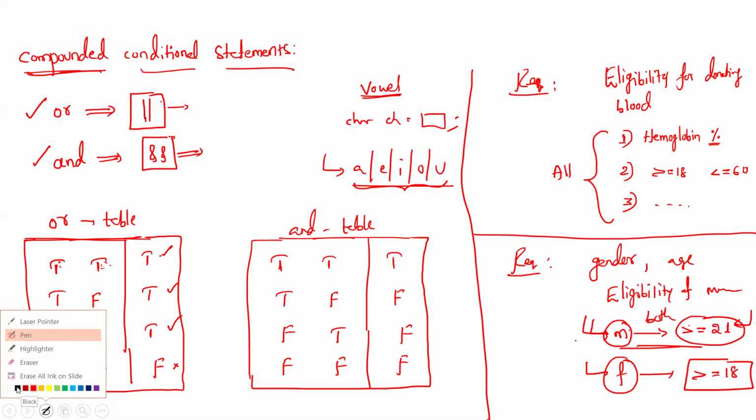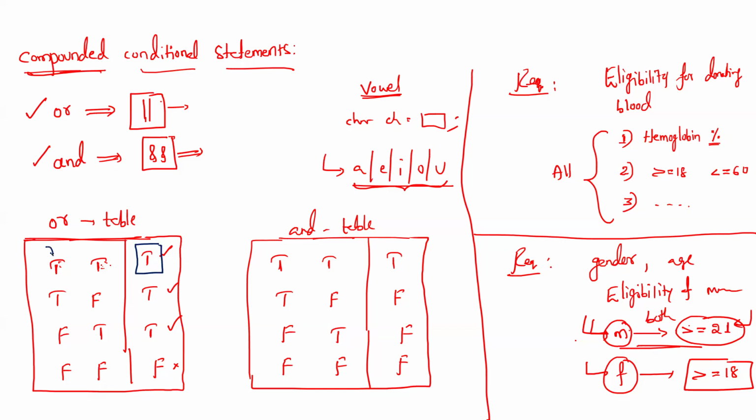Now here is one more important point. Is this conclusion, true, because of the first one or the second one? In the OR operator, if any one is true, the result is going to be true.